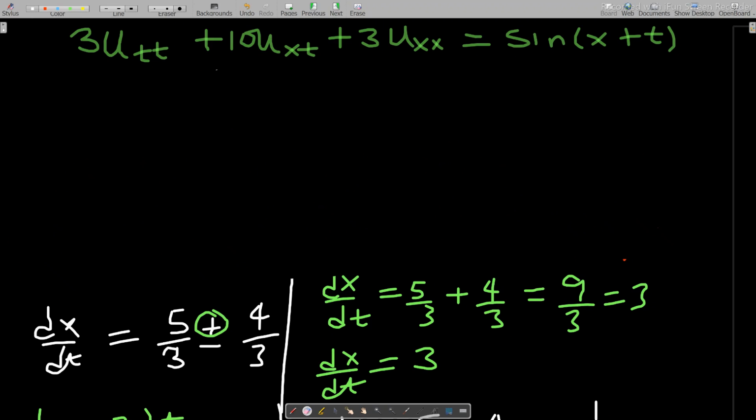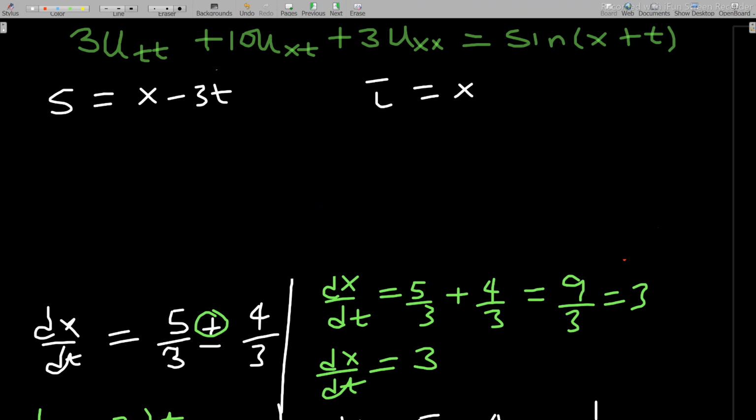So I have s here, which is equal to x minus 3t as one of them, and tau here, which is equal to x minus 1 over 3t. Now keep these in mind.